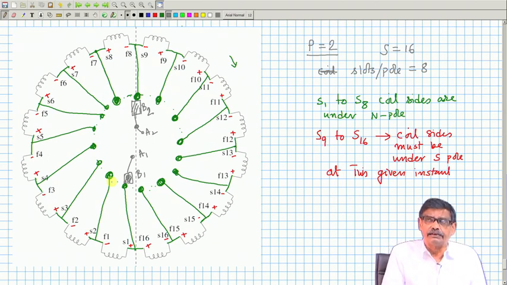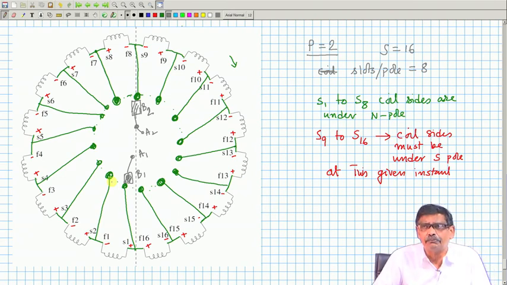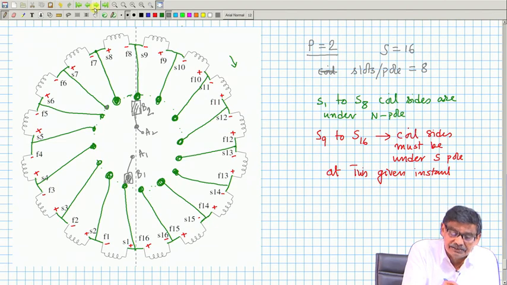Now, this is fine so far as understanding is concerned. But in a practical DC machine, this type of arrangement is to be made more solid, I mean constructionally. In the actual DC machine, brushes are to be placed in proper positions in space.